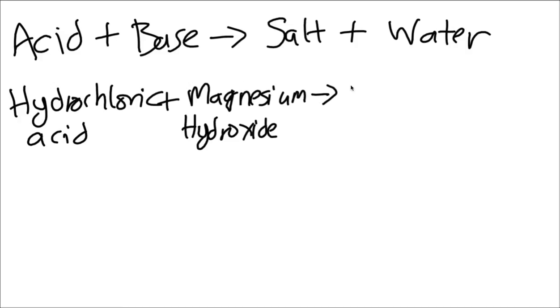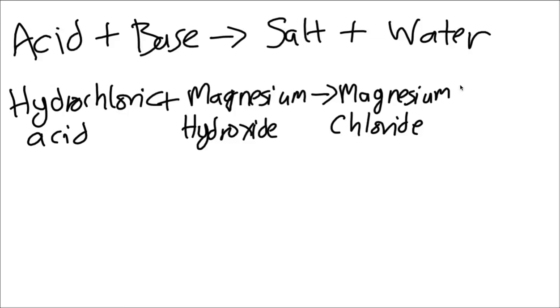Now the metal from this is going to join with the chloride from this, so we get magnesium chloride, and of course we get water as well.